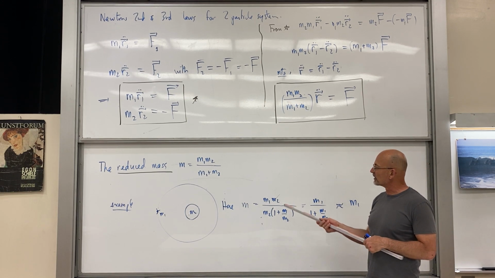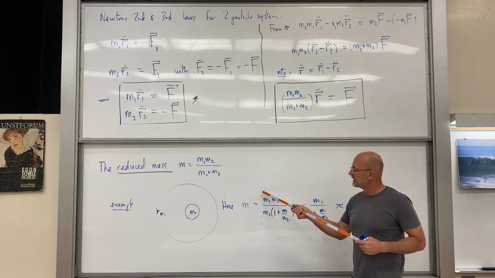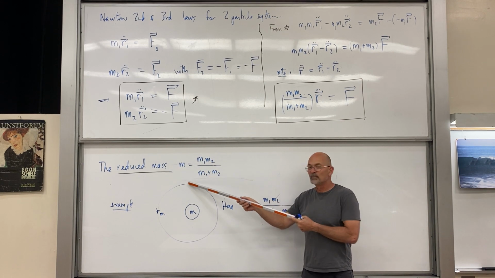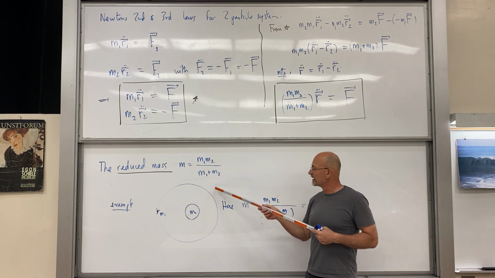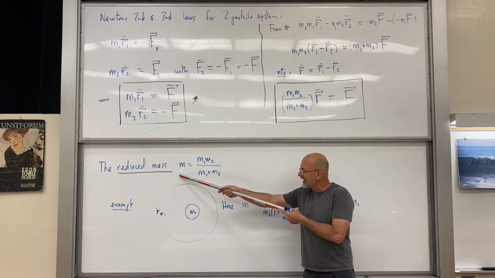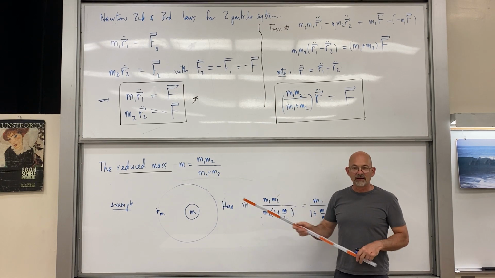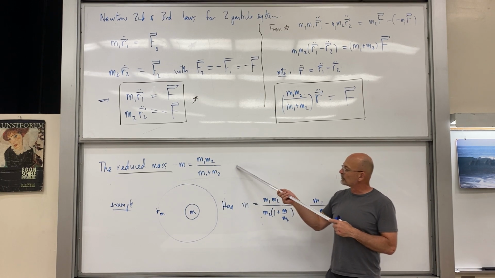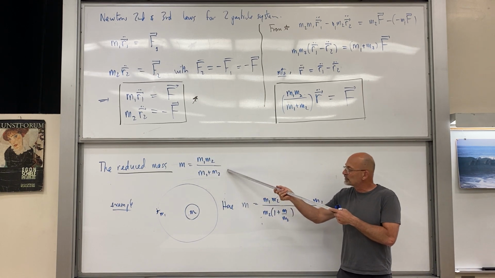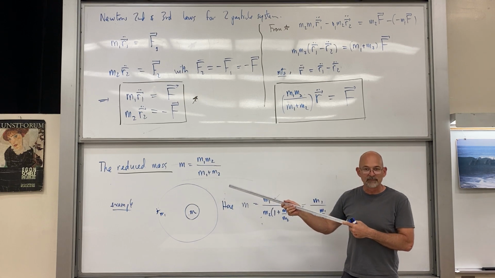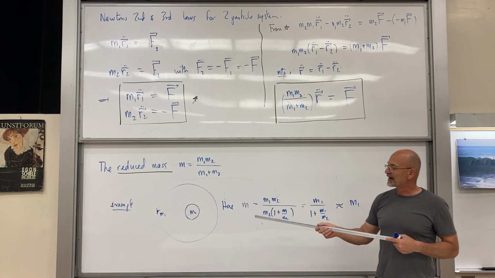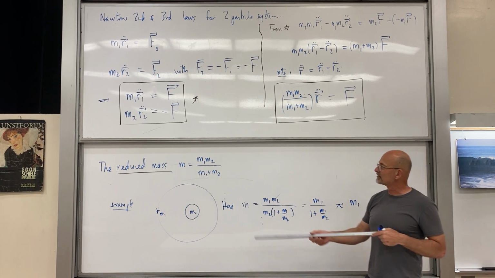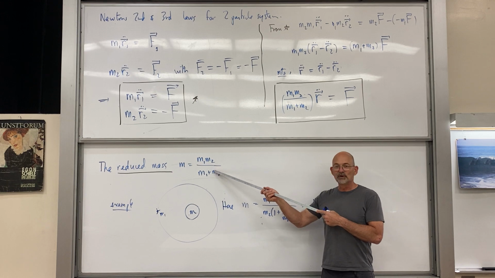The story I heard a long time ago was that when Niels Bohr did his original calculation for the Bohr model of the hydrogen atom, he just plugged in the electron mass, and he was off by 1% or so, some very small number. But then when he put in the reduced mass for the electron-proton system, he just nailed the example exactly. Someone told me, I'm telling you, but it definitely shows you the importance of the reduced mass.